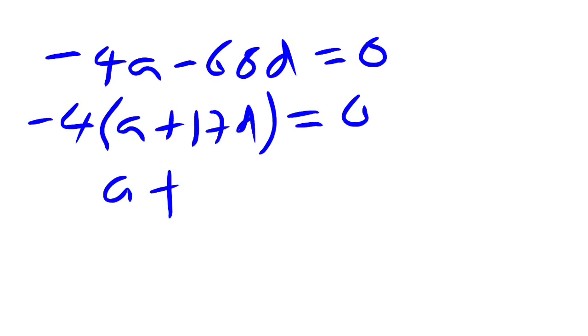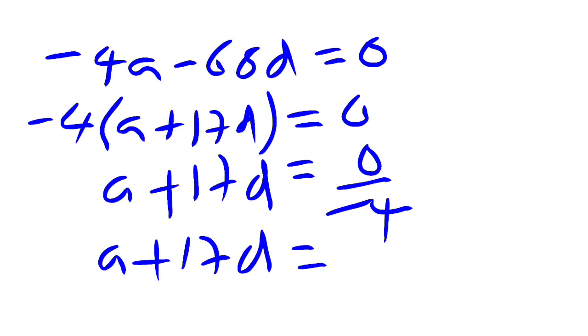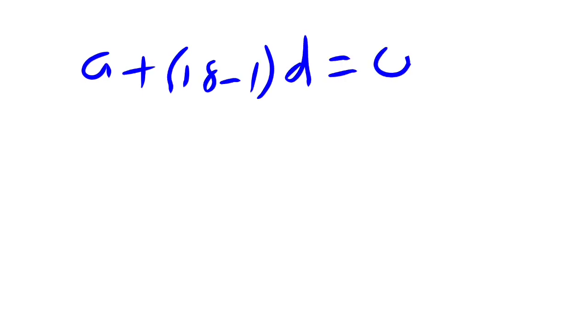So a plus 17d is minus 4, transpose to the RHS. So it will go to the denominator place. So a plus 17d equals 0 by minus 4 is 0. Once you observe this a plus 17d, 17 I am writing as 18 minus 1 into d equals 0.